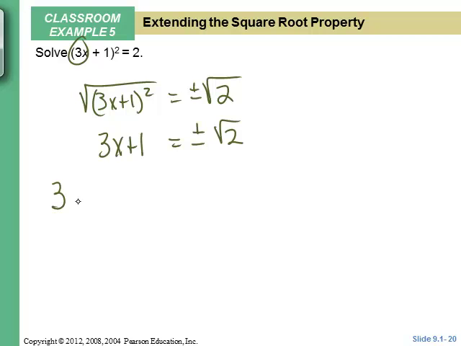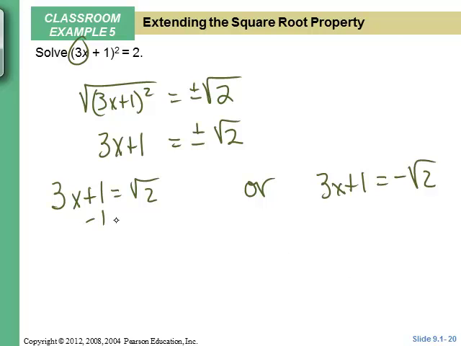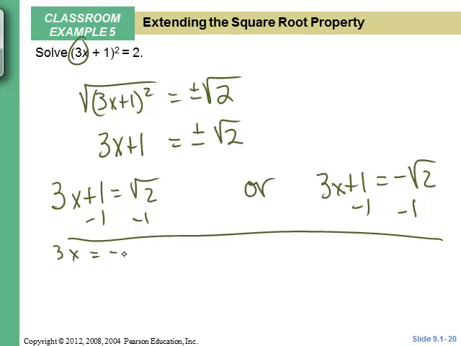So our choices are 3x plus 1 equals the square root of 2, or 3x plus 1 equals the negative root of 2. Subtract 1 from both sides, and we get 3x equals negative 1 plus the root of 2. 3x equals negative 1 minus the root of 2. Divide both sides by 3.